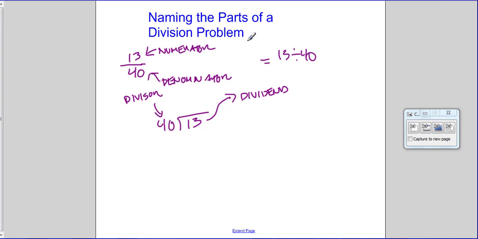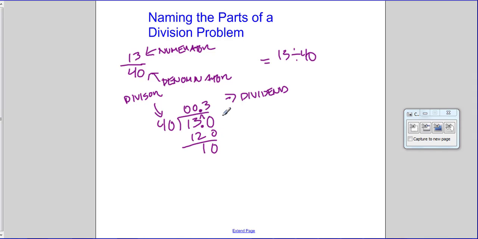So now if I'm going to do this problem, 40 into 13, I will add a decimal point after the 13, bring it up, put a caret there, where the new decimal point goes. 40 goes into 1 0 times, 40 goes into 13 0 times, 40 goes into 130 though 3 times, and 3 times 40 is 120.